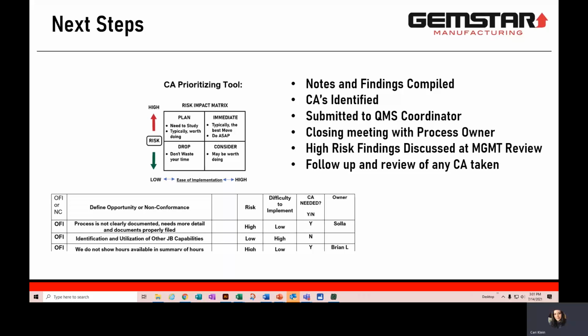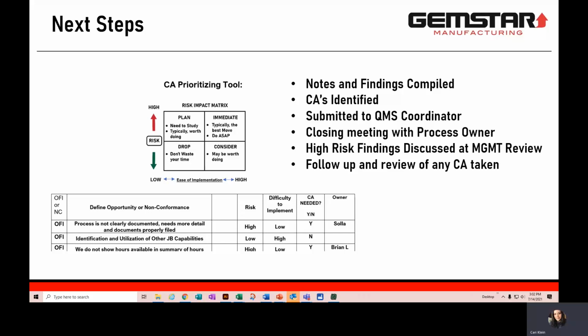Once that's done, I'm taking that information, compiling it into a formal audit report, and getting that officially documented in Unipoint, which is our quality management system software. After that, a closing meeting is scheduled with the process owner, where that audit report is presented to them, and they're given a summary of the findings.